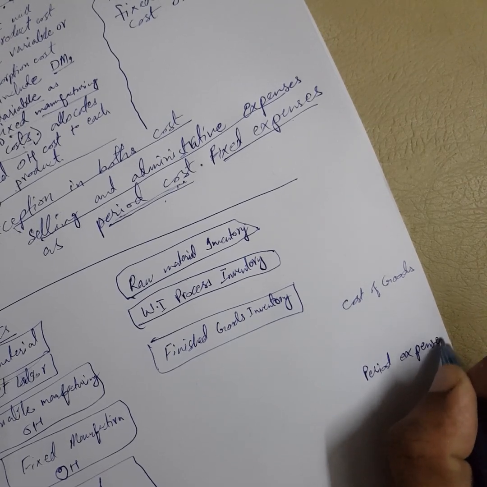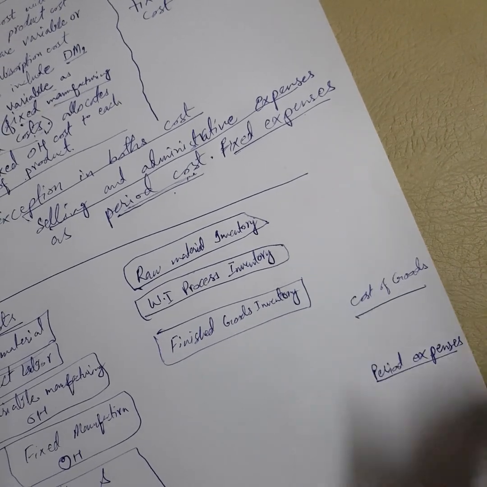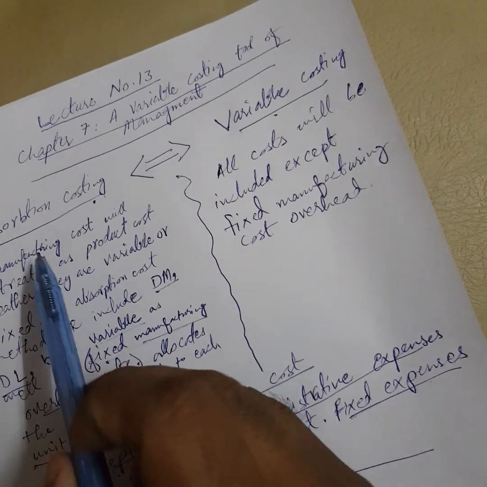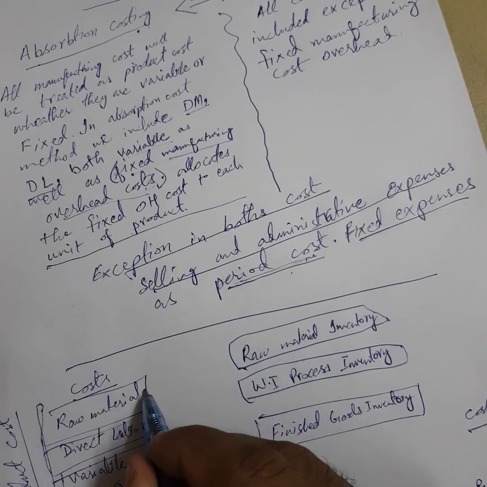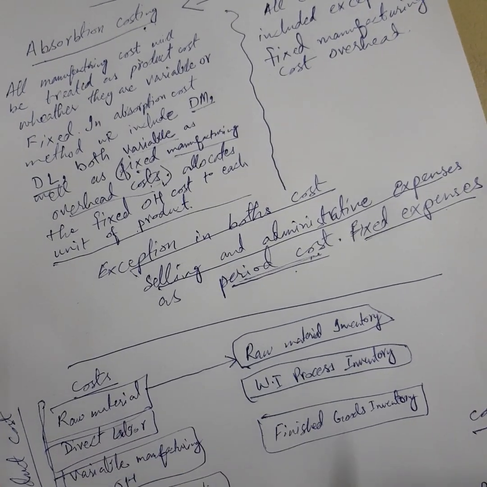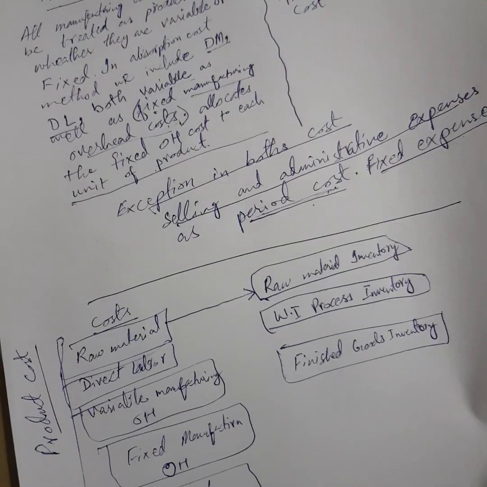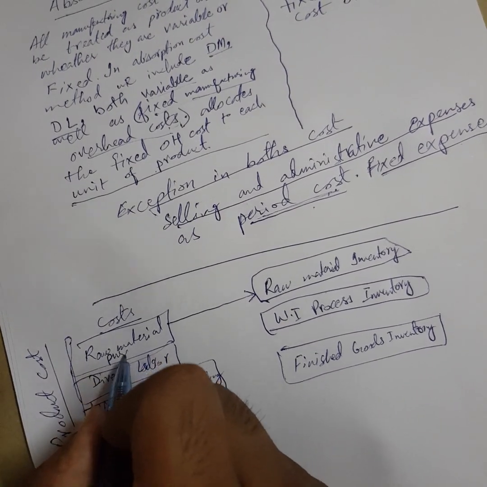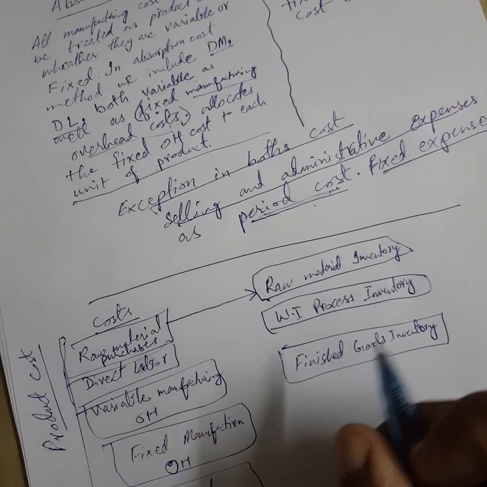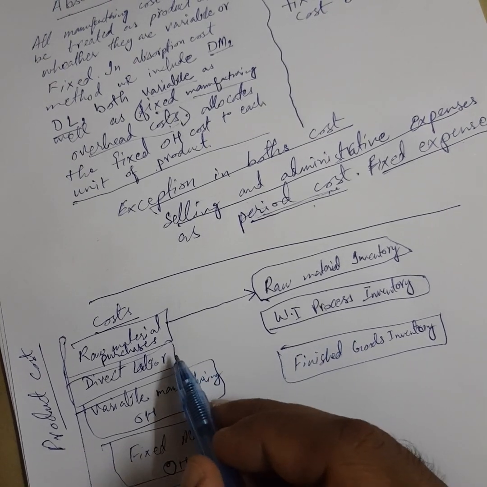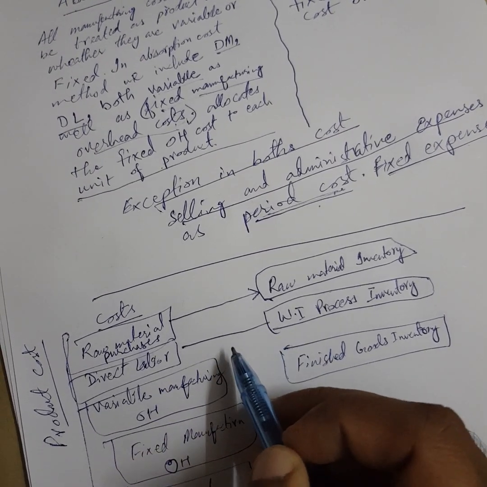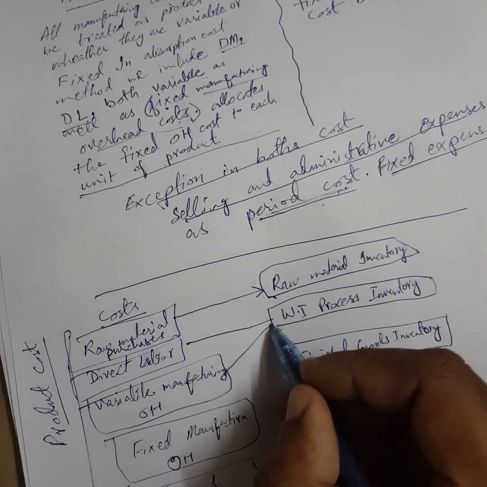The most important thing to understand about the absorption costing method and variable costing method is that raw material directly relates to raw material inventory and raw material purchases cost. So for work in process inventory, direct labor is there, variable manufacturing overhead is there.